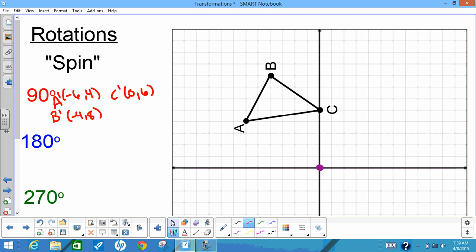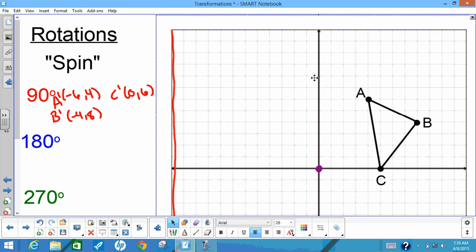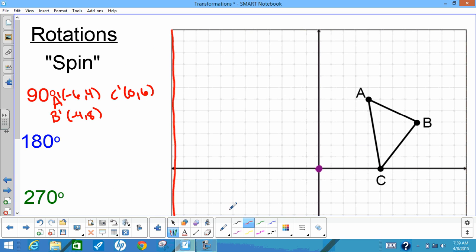So if we rotate our paper back to the original position, we can graph these new coordinates. And we have our rotated triangle.